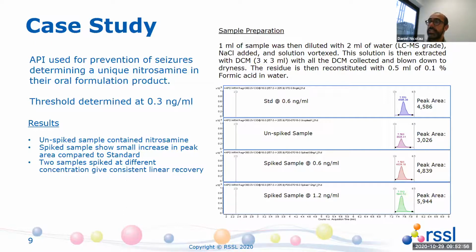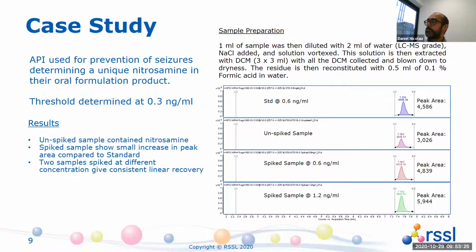As you can see in the results that we were able to generate, we had a standard at 0.6 nanograms, now the new threshold, an unspiked sample, and then two spiked samples at two different concentrations. And you can see that we actually were able to find that this nitrosamine, unique as it may be, was present in their sample. And you can see that there are various differences in the peak heights.